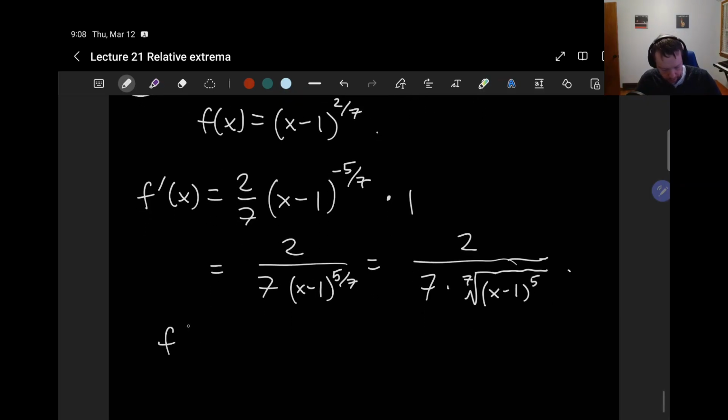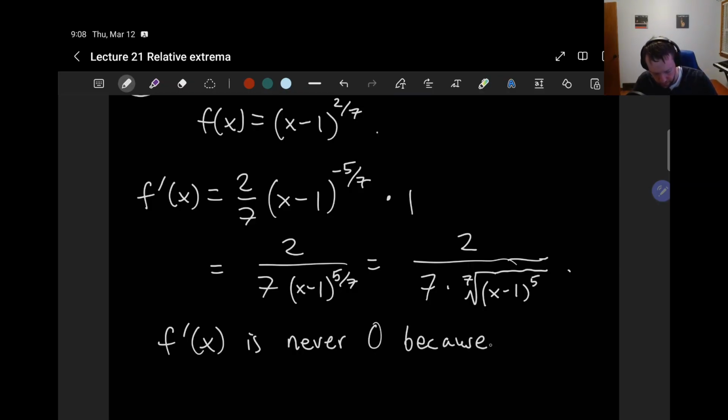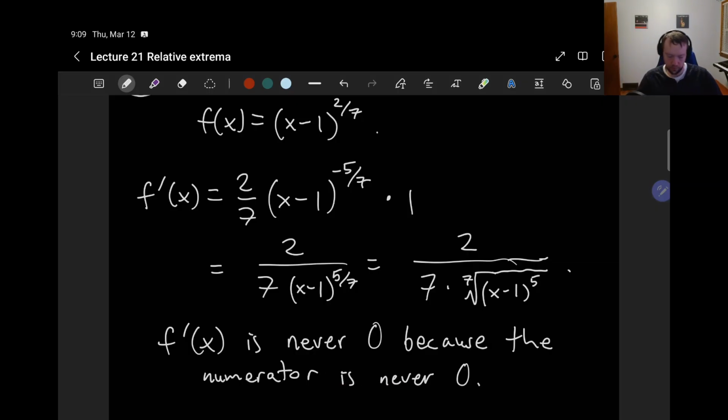So f prime of x is never 0 because the numerator is never 0. It's just 2 all the time.